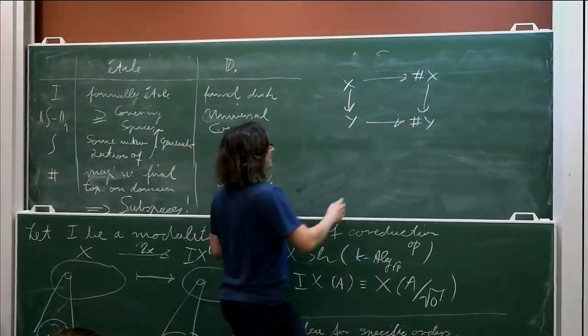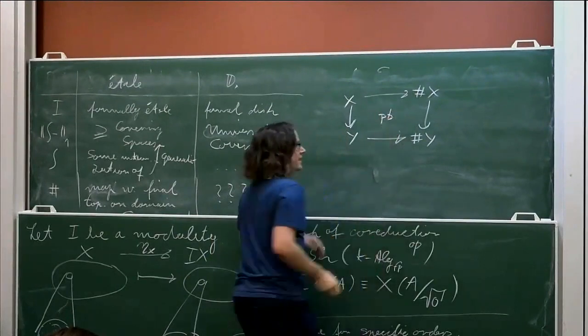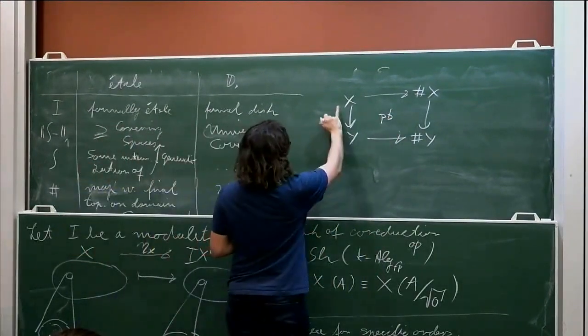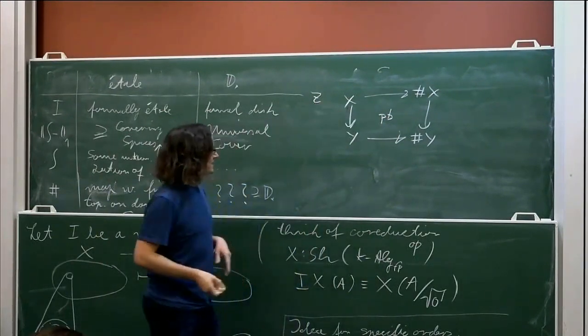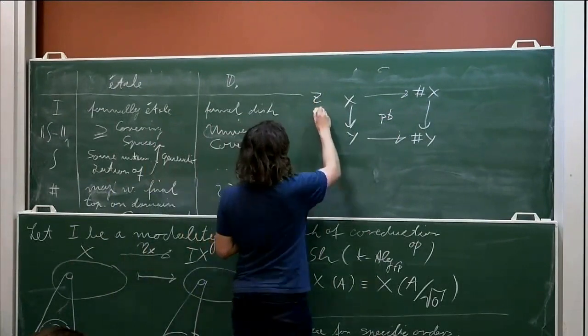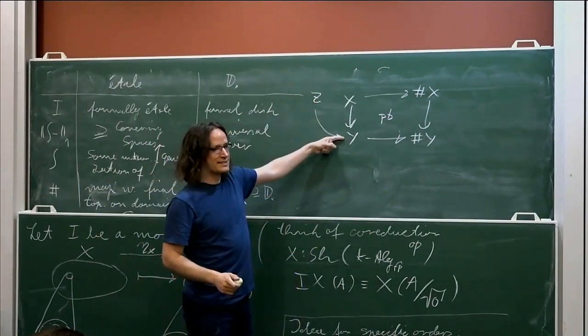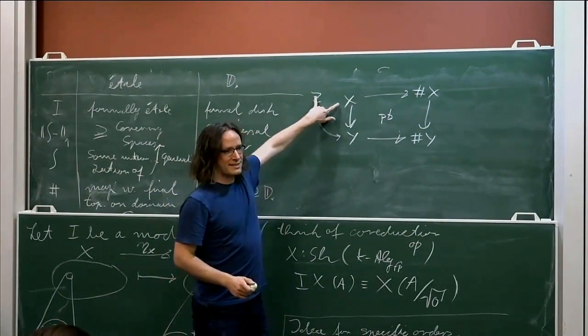So if you have a square like this, then you can take a textbook and it will tell you X carries the final topology with respect to this map and the topology down here. For every other map like this, that has a lift on the level of sets.